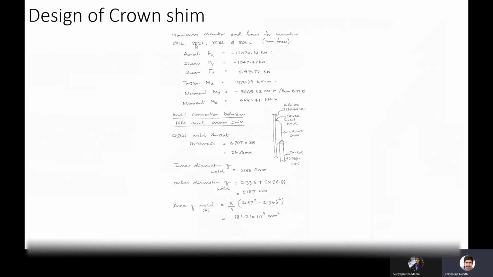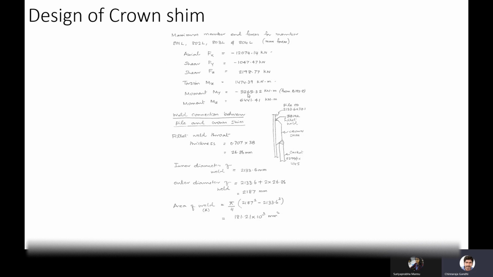If you see here, 801L, 2L, 3L, 4L. These are the member end forces. From this member we have taken the maximum forces. From the member end forces, we know the axial, shear Fy and Fz, torsional, in-plane moment and out-of-plane moment. All these forces we will get from the member end forces.